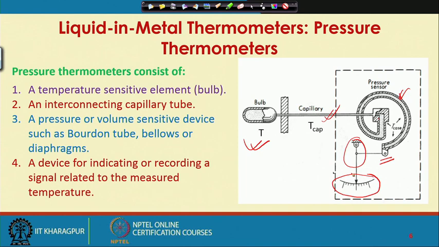Please note that the bulb is put into the medium whose temperature I am going to measure. This capillary is exposed to the surrounding temperature. Also, this entire part is put within a case, and this pressure spring or the Bourdon tube is subjected to the temperature of the case.